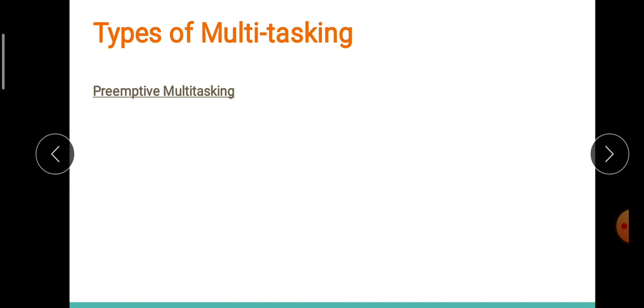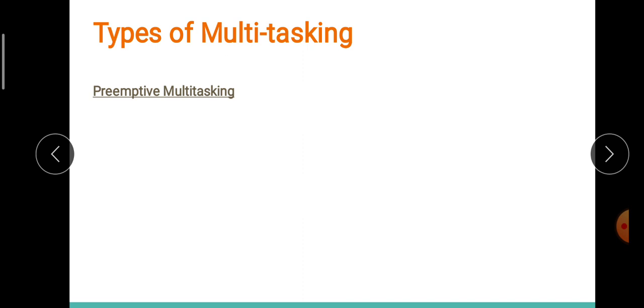So before the task gets completed itself, there is a switch to another task. What happens in preemptive multitasking is, suppose task 1 is executing. Task 1 starts executing. After some time, task 1 is blocked. Then task 2 starts executing.